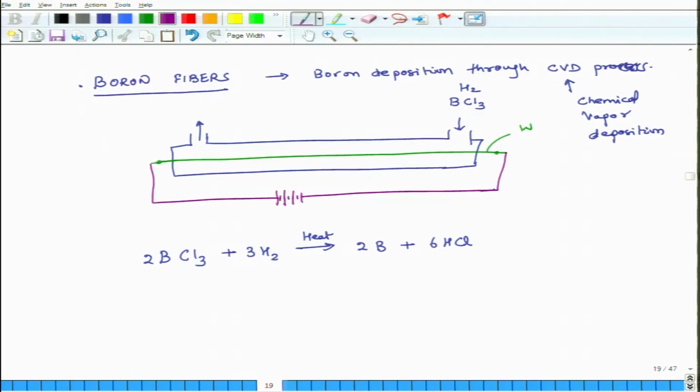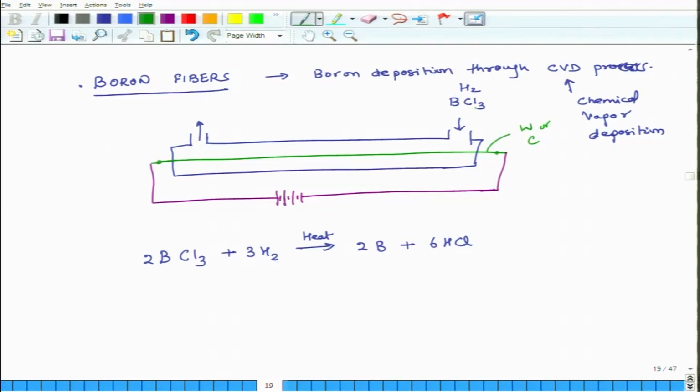At other places, because the temperature is not high, boron does not get generated, and slowly boron deposits over the core. So, the core has to be metallic. That is why either it is tungsten or it is carbon, graphite fiber.